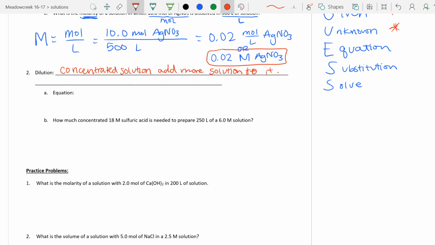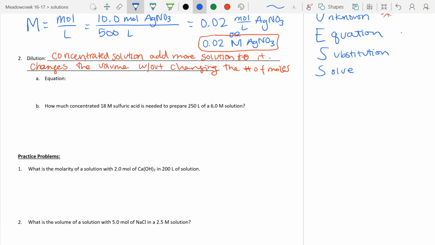And what this does is it changes the volume without changing the number of moles. Okay, guys, so without changing the moles, we can change the volume, and it basically allows it to spread out.